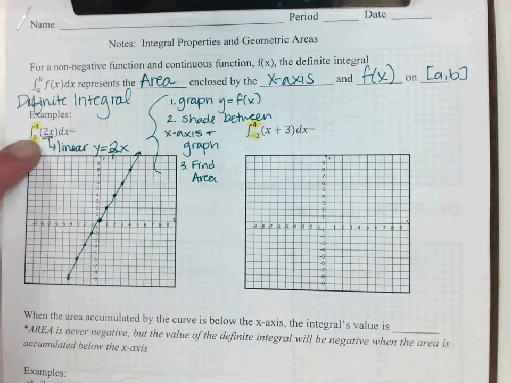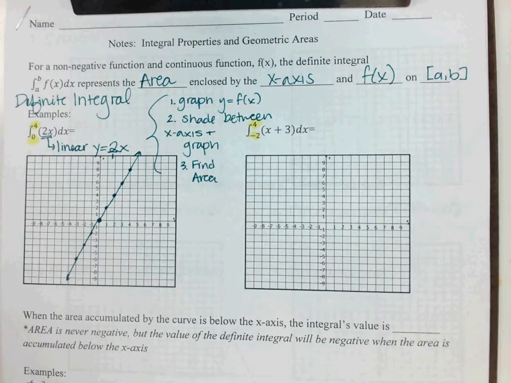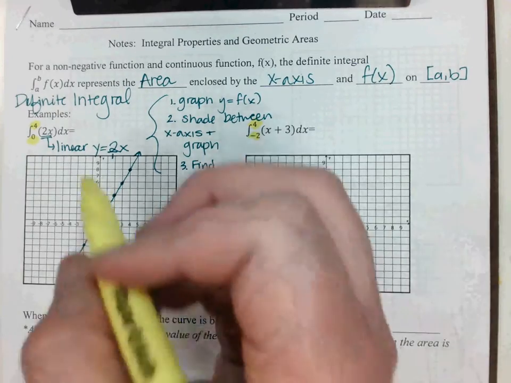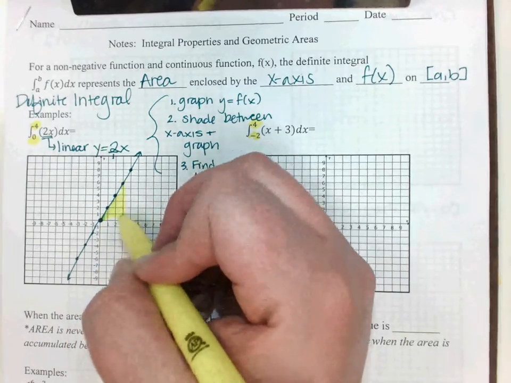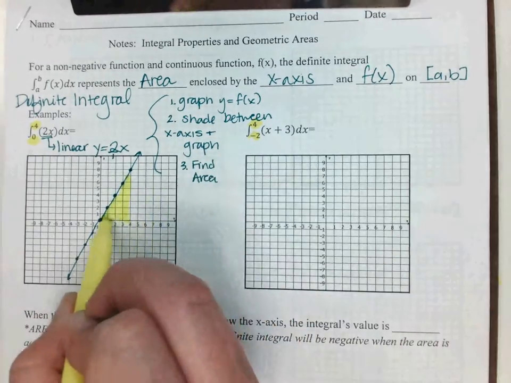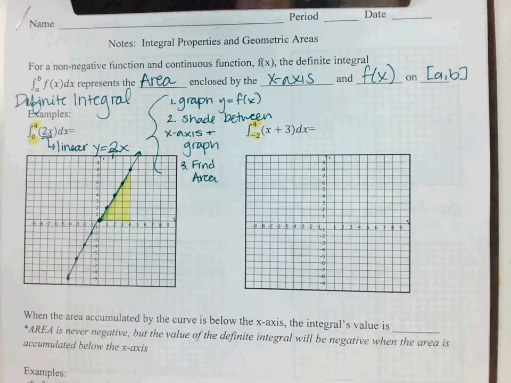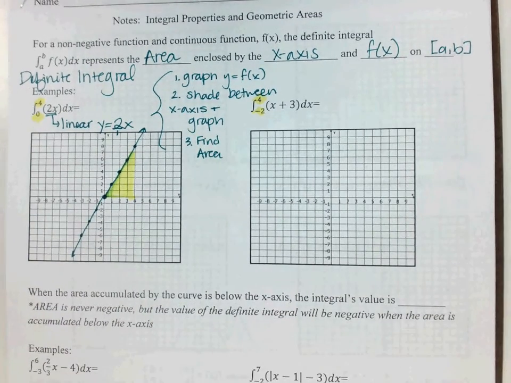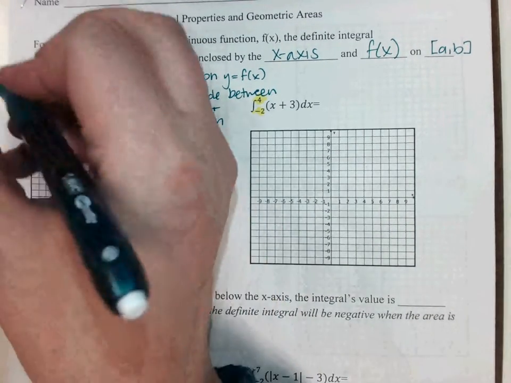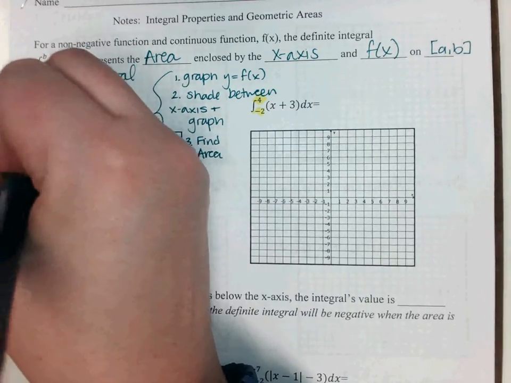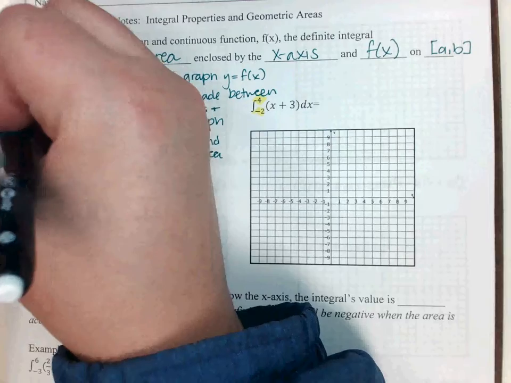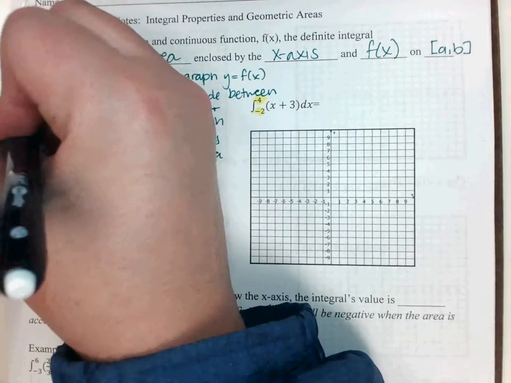I'm going to shade until 4, but I have to stay between the x-axis on bottom and the function on top. Okay, so let's look again at the integral. I'm going to start at x equals 0, and I'm going to stop at x equals 4.